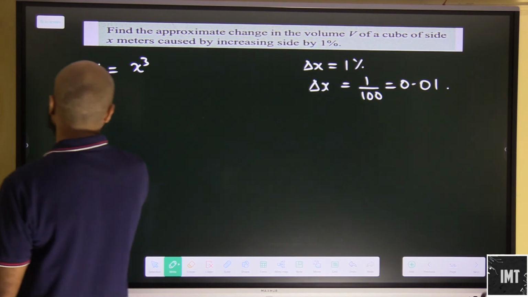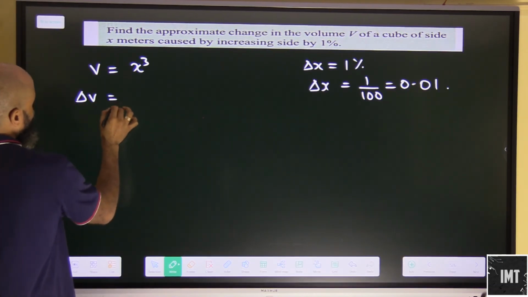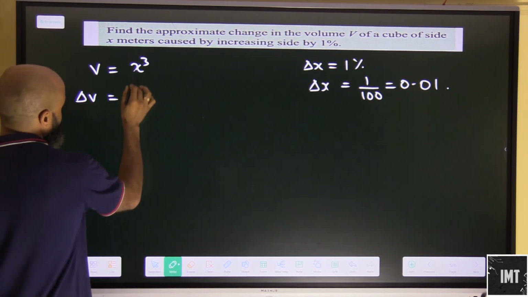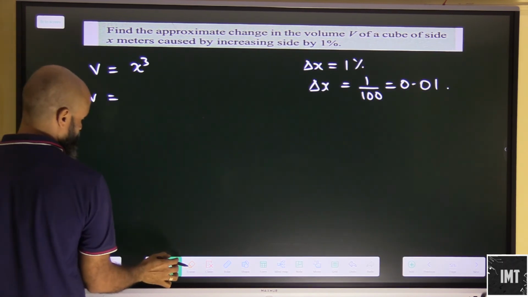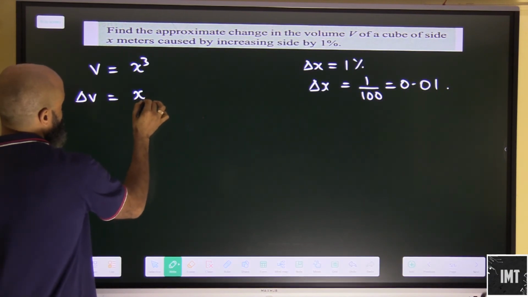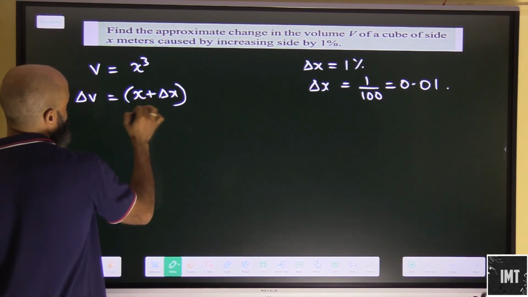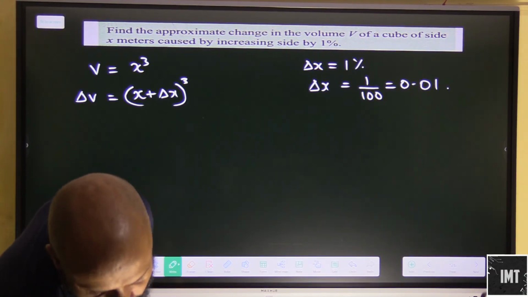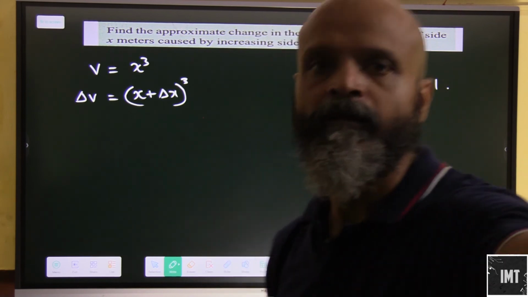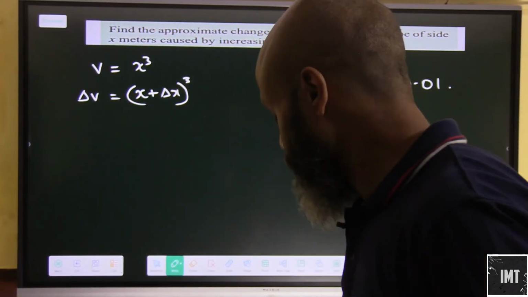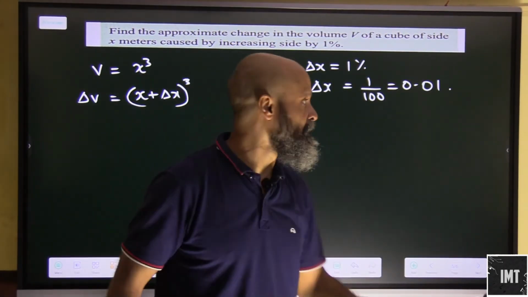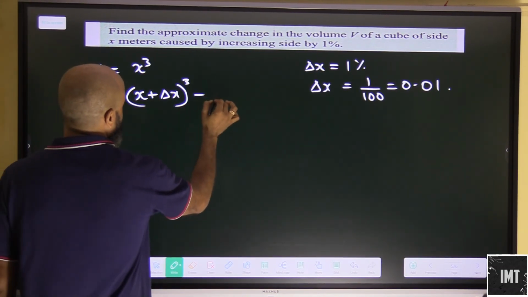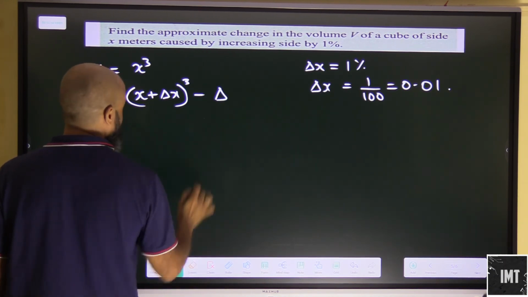Okay, so delta v will be how much? Delta v will be equal to, just as we have delta y is equal to (x plus delta x) cube, so delta v will be equal to (x plus delta x) cube minus x cube.